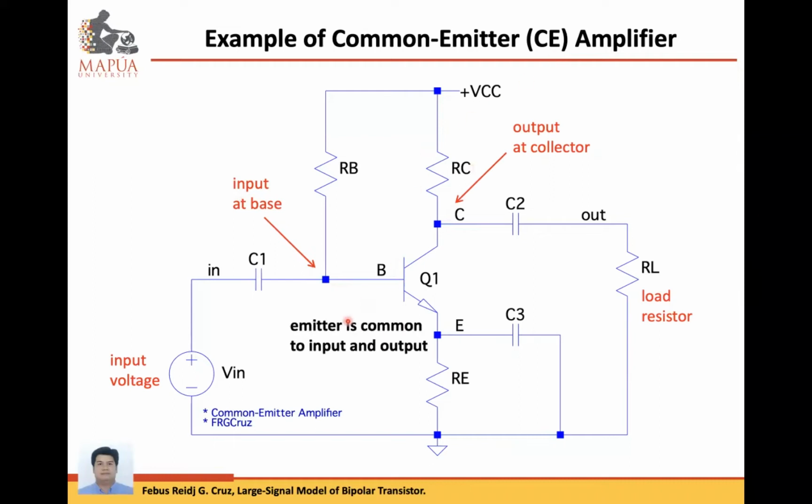The emitter terminal will serve as the common terminal to the input and output terminals. This is just one example of a common-emitter amplifier circuit. The main indicator is to check whether the input is positioned at the base and whether the output is attached to the collector.